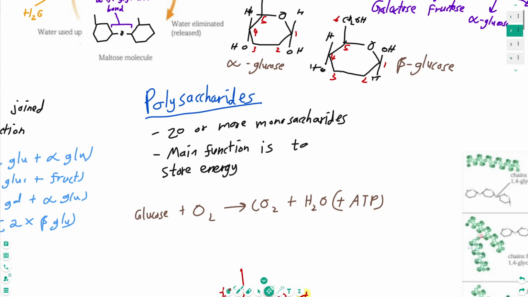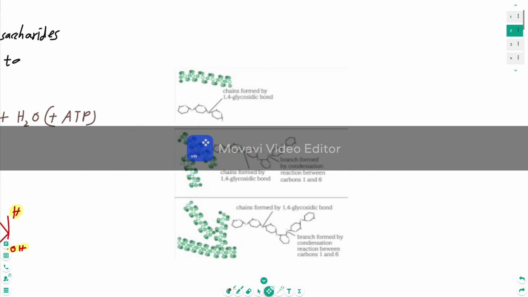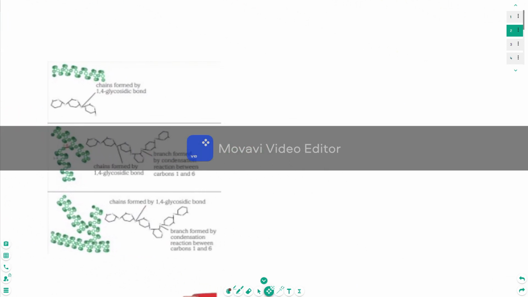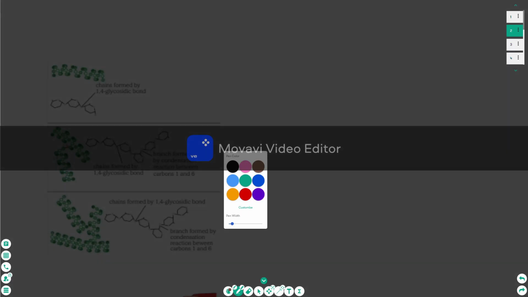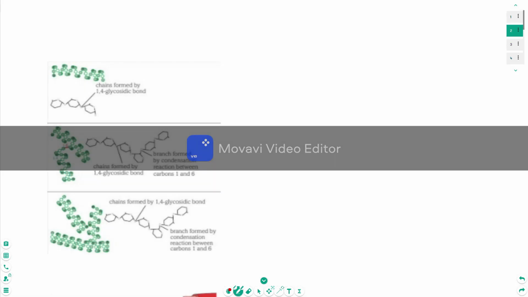And there are 3 main types of polysaccharides that you need to know for the exam. So the first one here, I'll write it in red actually, is amylose. So these first 2 are found in plants. This one is found in animals.